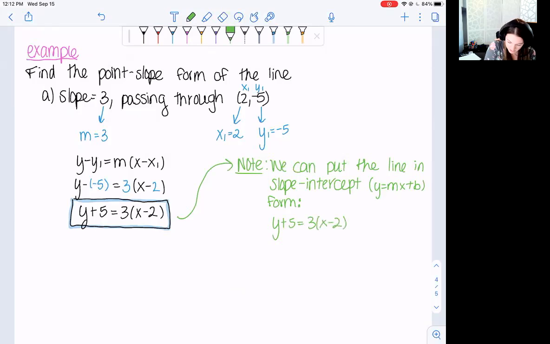So you would start by distributing the 3. Y plus 5 is equal to 3x minus 6. Then to get y by itself, you'll just subtract 5 on both sides. You have y equals 3x minus 11.